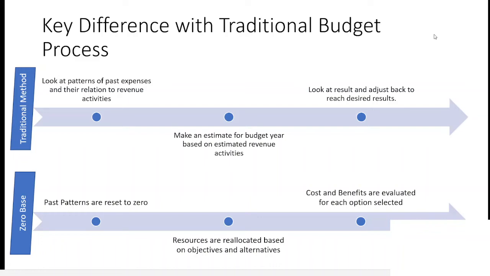Now you need to justify and say what is the new channel for advertisement, or what are the new collaterals that we need in order to achieve our sales.